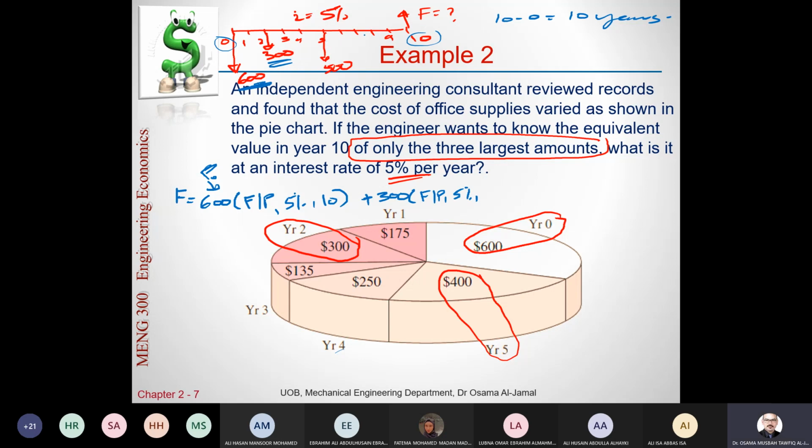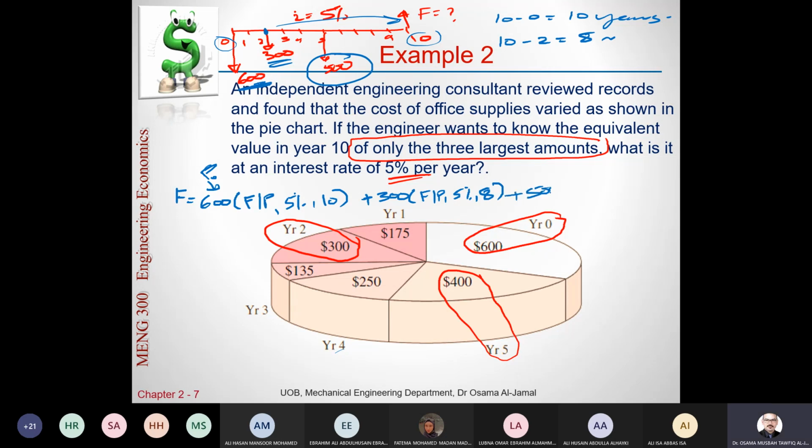How many periods now? From 2, we want to shift it to time 10. So 8. 10 minus 2 is 8 years. It's very important to do this because later on we'll see different types of calculation to find the periods for the other types of cash flows. So here 8.